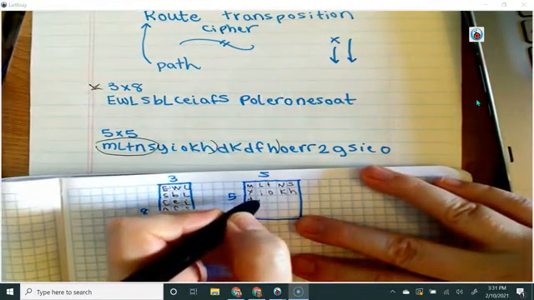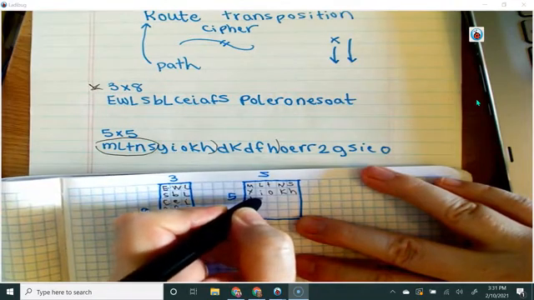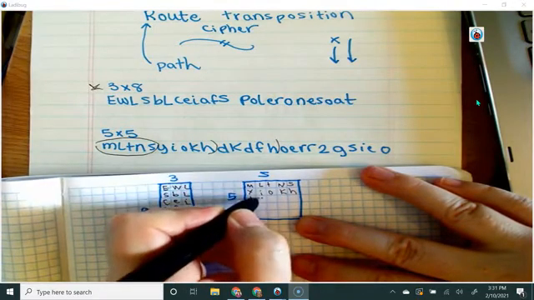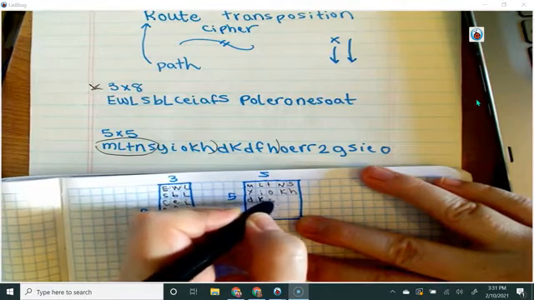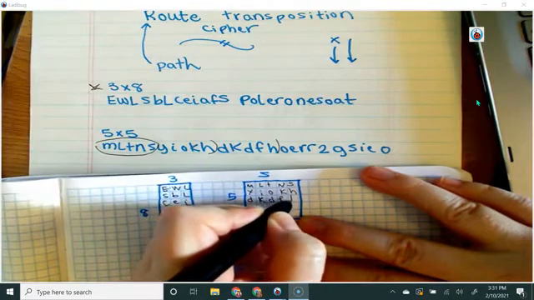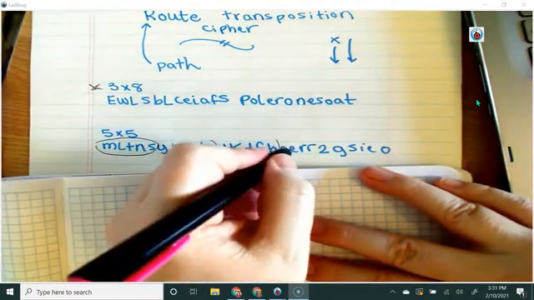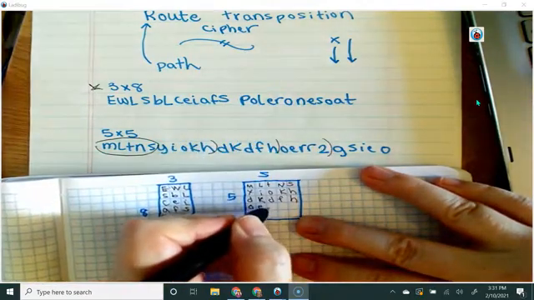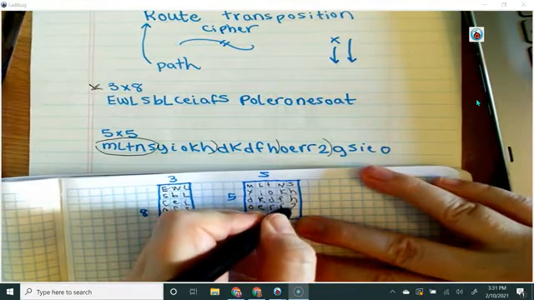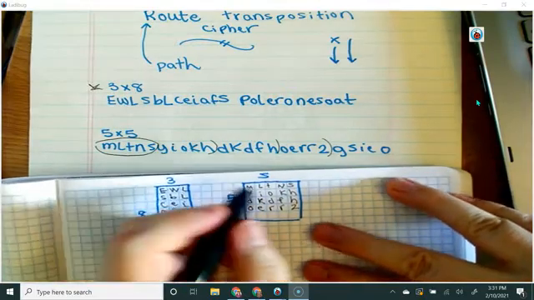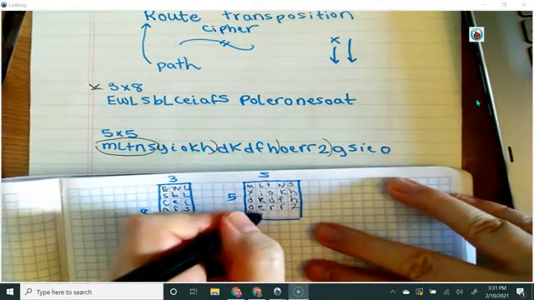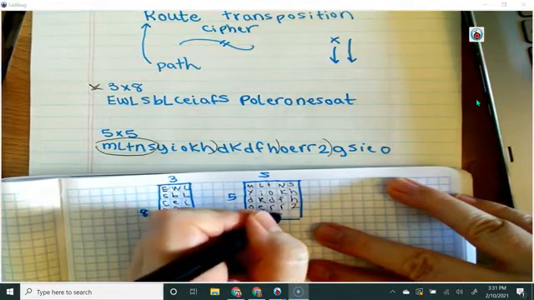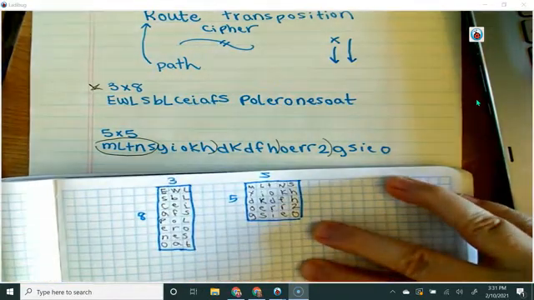D, K, D, F, H. 1, 2, 3, 4, 5. Here's my next group. O, E, R, R, 2. Interesting. And then I've got my last chunk, G, S, I, E, O. All right. So I've got that.